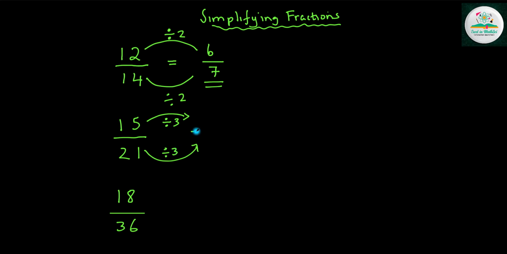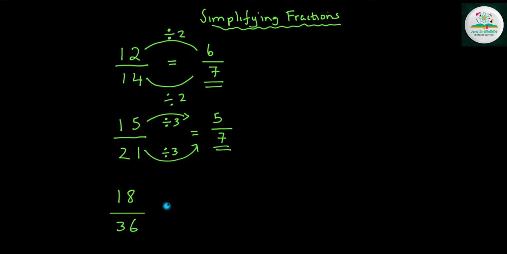If we do that, 15 divided by 3 would give me 5, and 21 divided by 3 would give me 7. And that would be our final answer for that one, because we can't simplify any further, as there's no common factor other than 1 between 5 and 7.